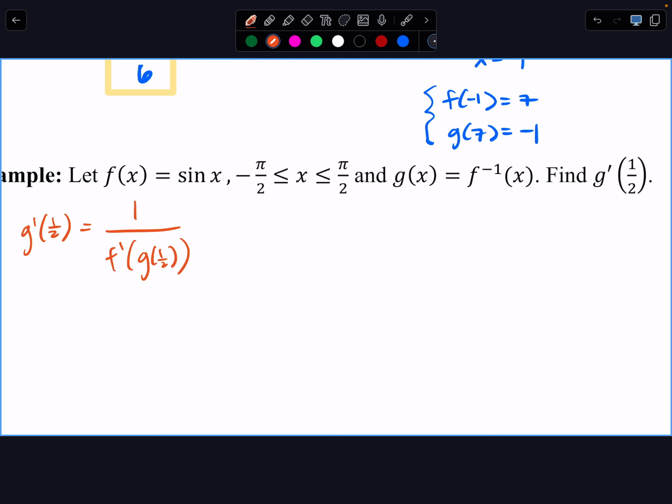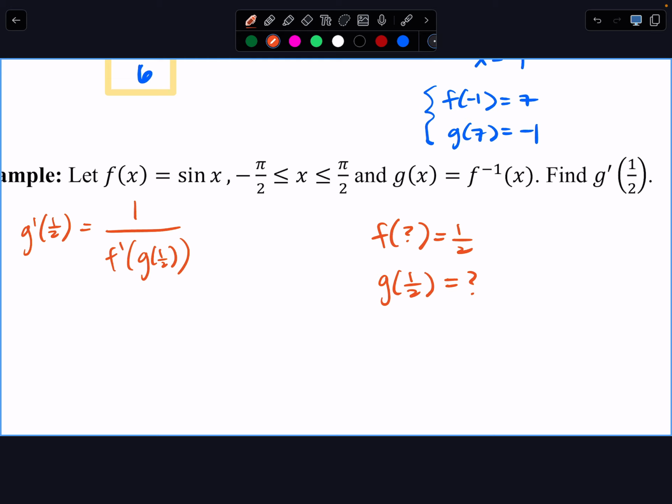Okay, well, we need to figure out what g of 1/2 is. You don't even need to write down arc sine if you don't want to. We're thinking, f of what would be equal to 1/2, because we're trying to find g of 1/2.